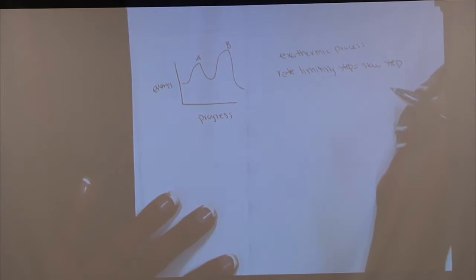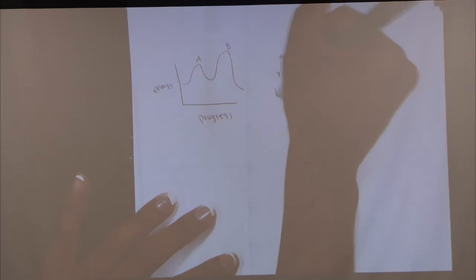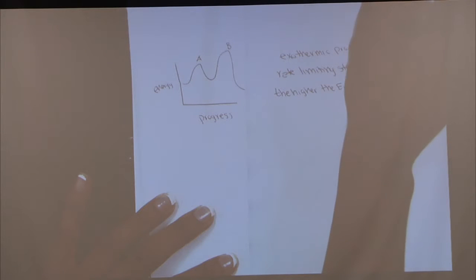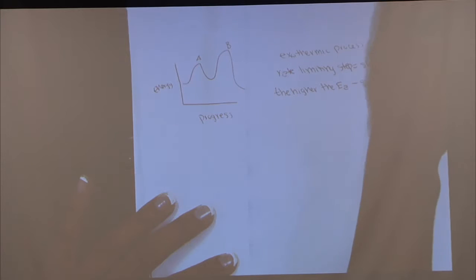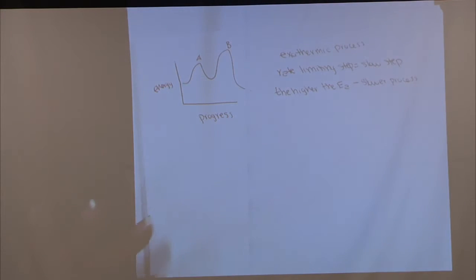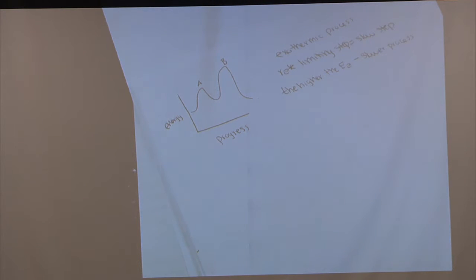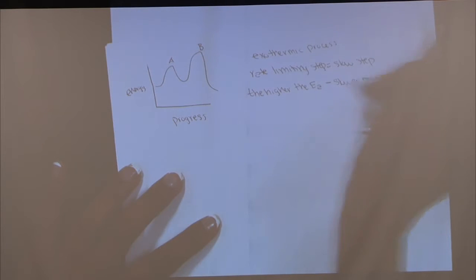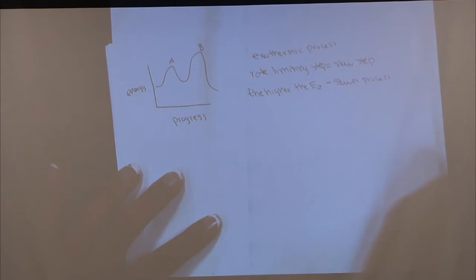The higher the activation energy, the slower the step would be, or the slower the process, because it's going to take more energy to go over that little hump. So it's going to take more time to get over that hump. So the higher the activation energy, the slower the process. So we're going to look at which one has the higher maxima, and that would be B, the second step.